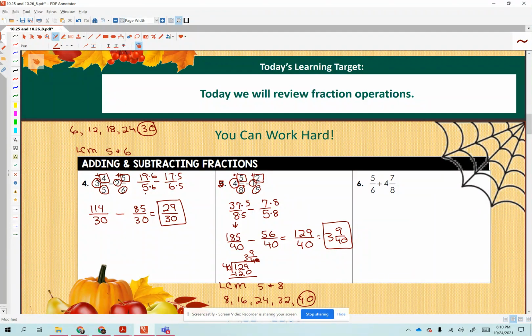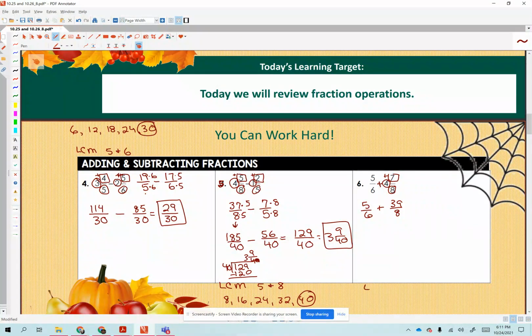And number 6, I have 5 over 6 plus, we're adding to this one, 4 7/8. So we have to make improper fractions first. 8 times 4 is 32, plus 7, that would be 39/8. So we have 5 over 6 plus 39 over 8.